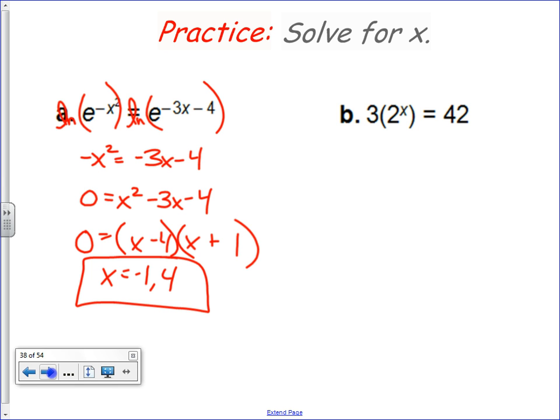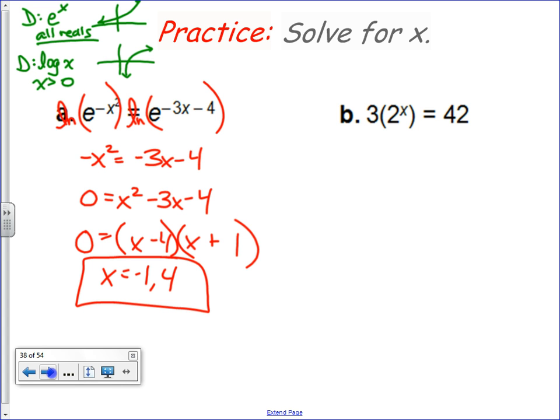Yes, but quick review. What's the domain of e to the x or anything to the x? How far left, how far right? Infinity. So all reals, right? So is there anything that I could plug into an exponential and have it not work? No. But what's wrong with log? Uh-oh. How far left, how far right does it go? It has to be greater than 0.